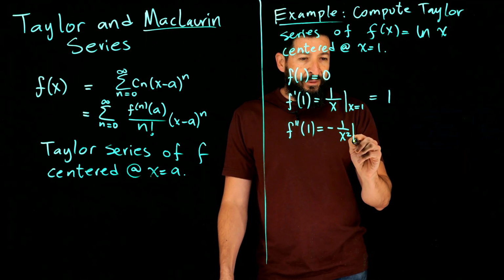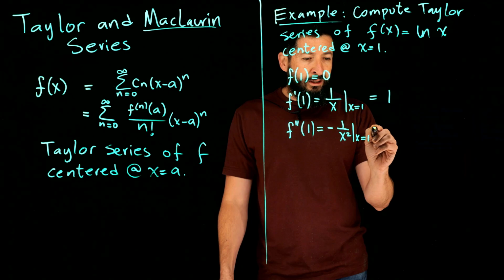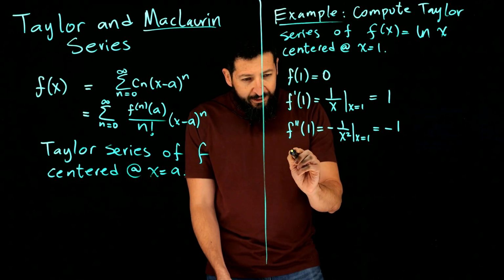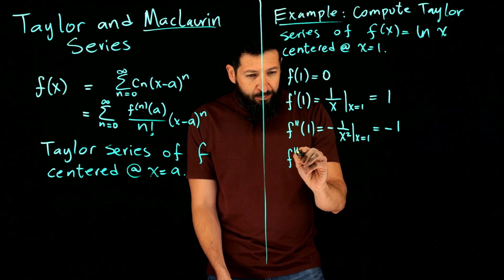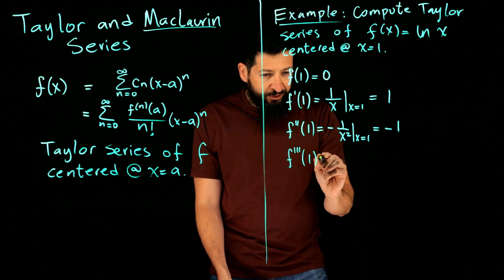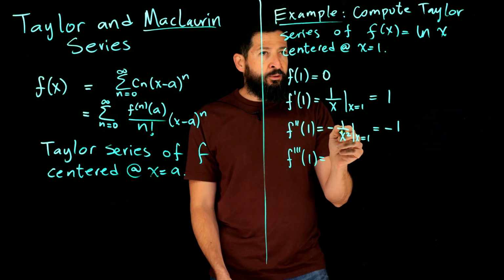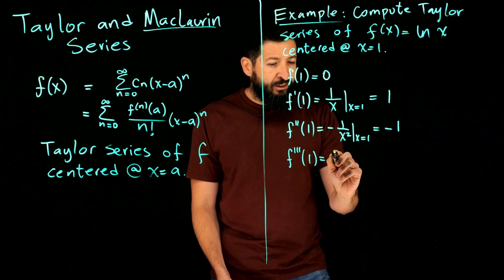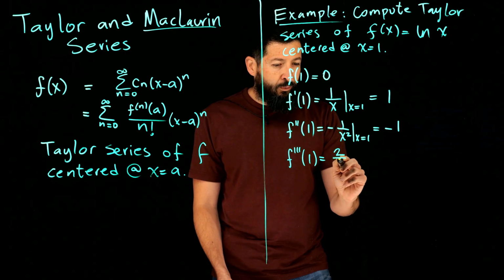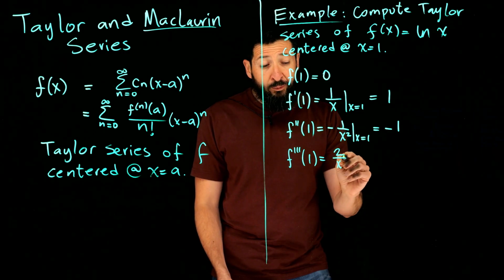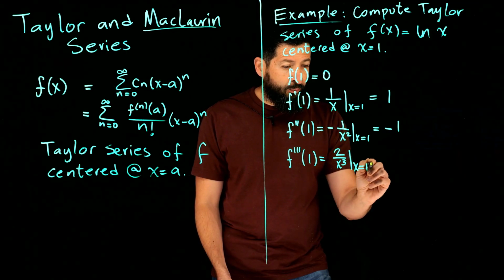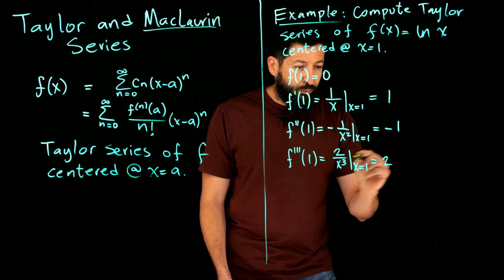Evaluated at x equals 1, that becomes negative 1. f triple prime, so the third derivative. Now I'm taking the derivative of this one. Negative 2 is going to be the exponent times negative, so 2 over x to the negative 2 minus 1, so x cubed here. Evaluated at x equals 1, that's going to be 2.